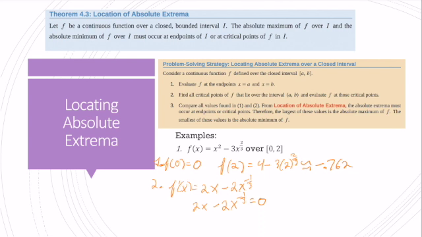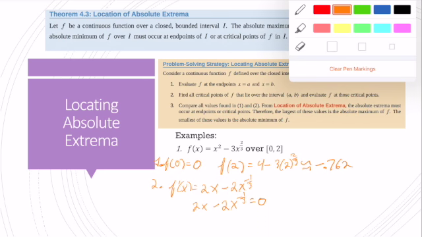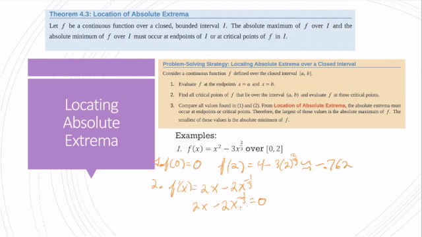Oh, but I had factored out a factor of x. Let's take a step back real quick here. I set this equal to 0, and I factor out a factor of x. So I have x times 2 minus 2x to the 4/3 equals 0. Now x equals 0 is not defined for the derivative, so we can ignore this factor.